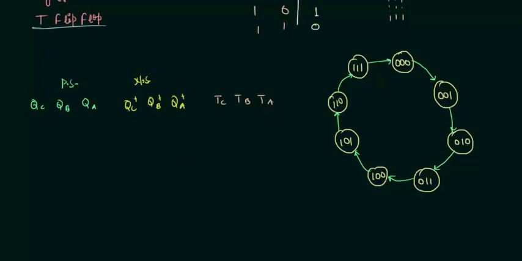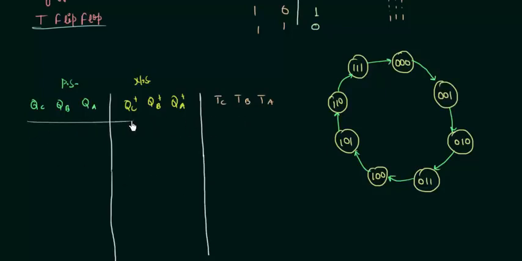So these are the 3 columns in our circuit excitation table, and we will find out the value of the flip-flop input by using the state diagram, and then we can implement it by using the K-map.